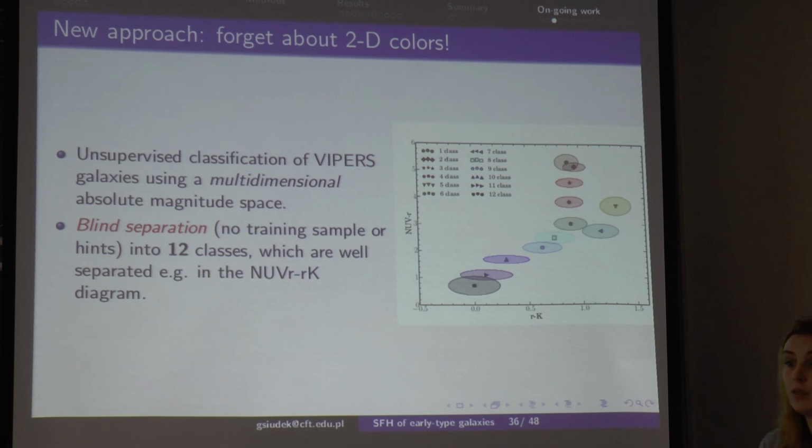Using no training sample or any hints, our classifier divides our VIPERS dataset into 12 classes, which are well separated on the same color diagram. So we can see additional structures in spiral galaxies, and also in intermediate and in these red passive galaxies.